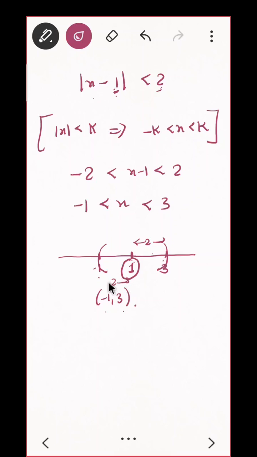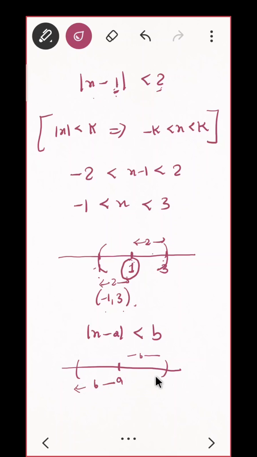2. So in general, if I say something like this, mod of x minus a is less than b, can you say something? a will be somewhere here, and here it will be something like this, correct? And the length will be b here, and it will be b here. Do you agree?